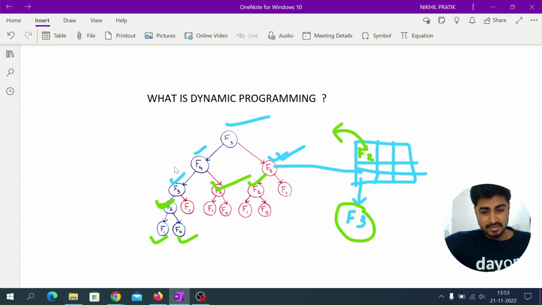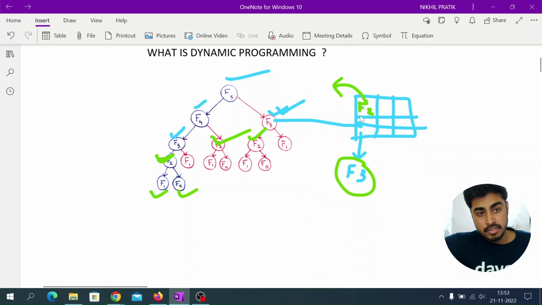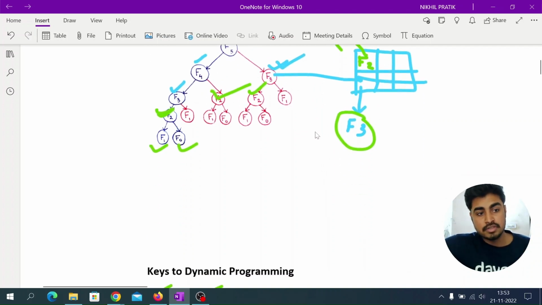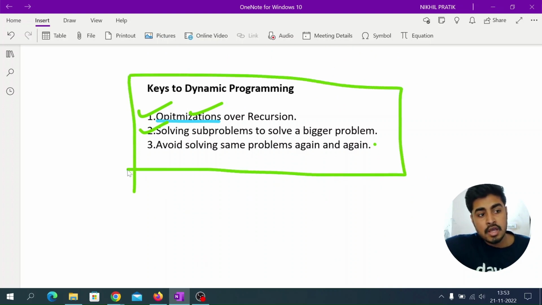Instead of computing it again and again, we can just store it and return it from there. This is how we do an optimization, and optimizing over recursion is indirectly termed dynamic programming. These are the three most vital things you need to remember to solve any DP problem.